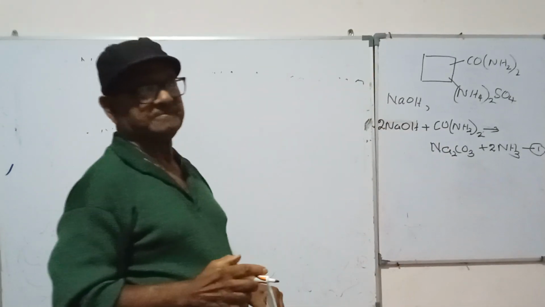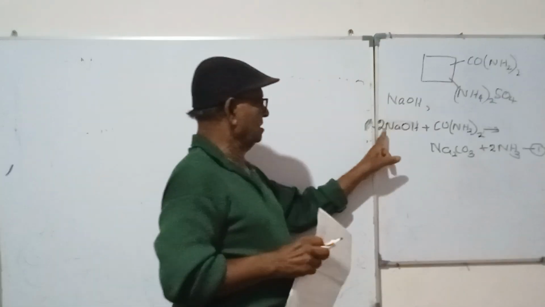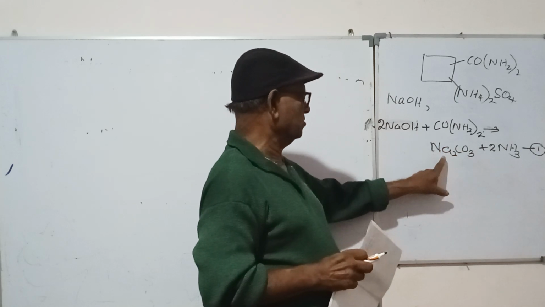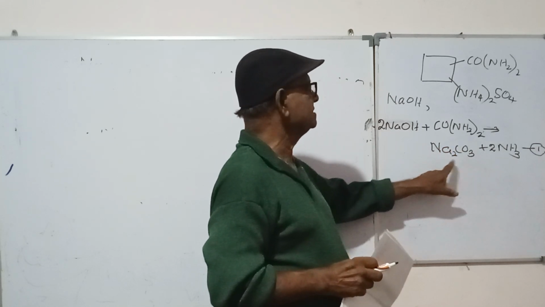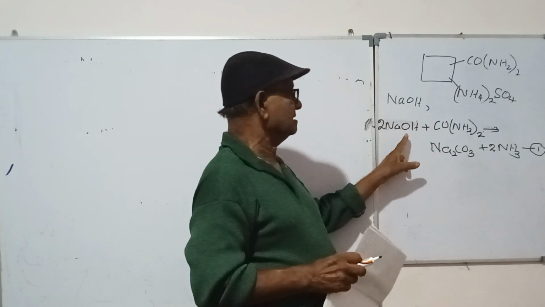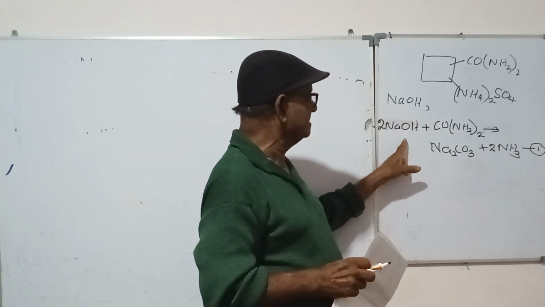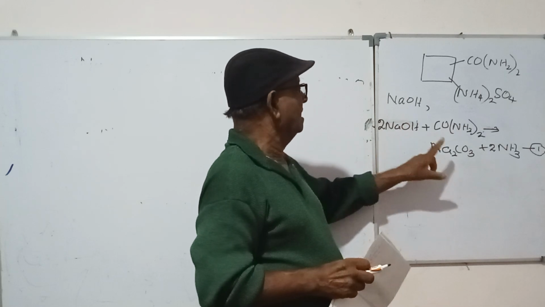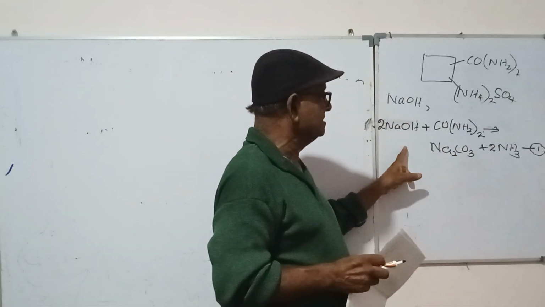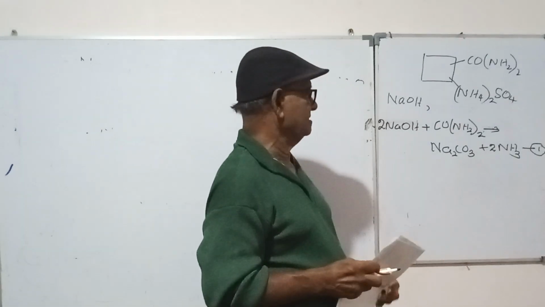This is the reaction. NaOH plus urea to give sodium carbonate plus ammonia. This is the balanced chemical equation. So you have to write this equation as the first answer.